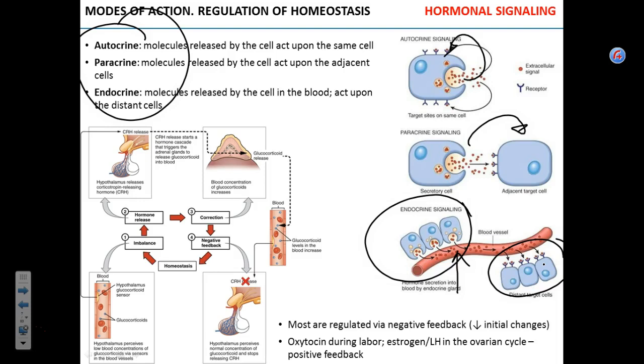Because if you know the stimulus or the effect of the hormone, you can figure out the other. Does that make sense, what I'm trying to say? So if you remember that parathyroid hormone is produced in response to low calcium, the effect is elevation of blood calcium levels.